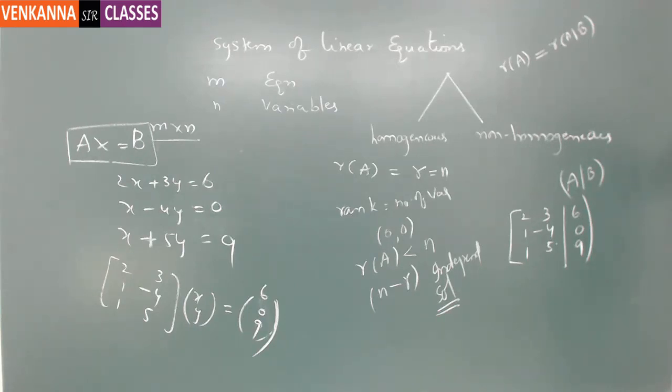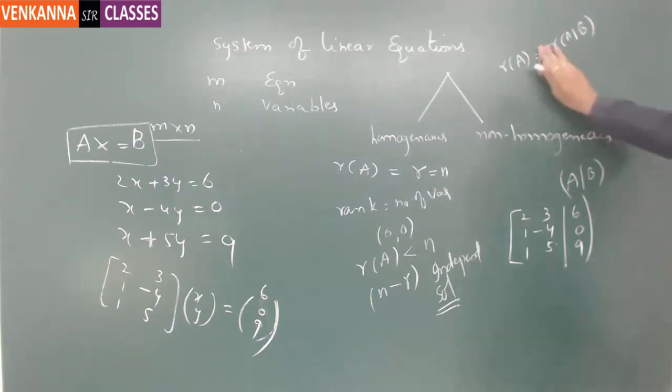So a system which will possess a solution, we call it a consistent system. Whenever rank of A is equal to rank of A by B, we call it a consistent system and it will possess a solution. If it is not equal, then the system is inconsistent, it has no solution, right?